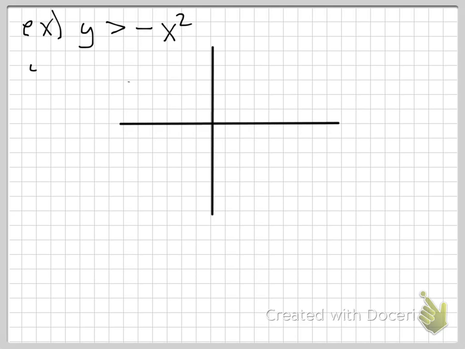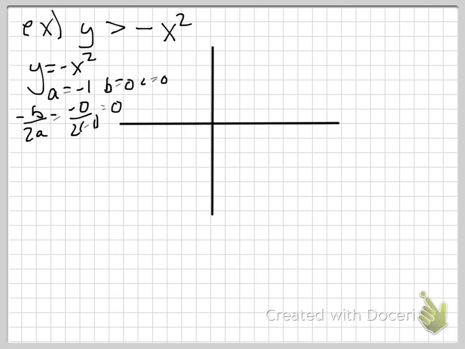If I'm graphing this, I'm first graphing y equals negative x squared. Well, this is technically standard form, or even vertex form if you want to think of it. Let's write down the a value, negative 1, the b value, 0, the c value, 0. If I use my negative b over twice a, it's going to be negative 0 over 2 times negative 1. That's just going to be 0, right? So my x coordinate is 0. If I plug in a 0 and square it, I get out 0.